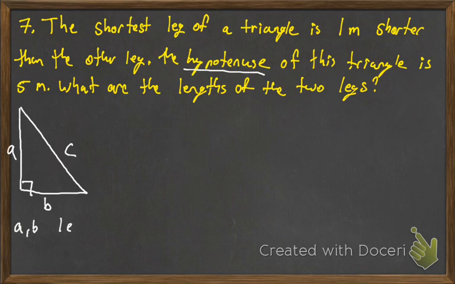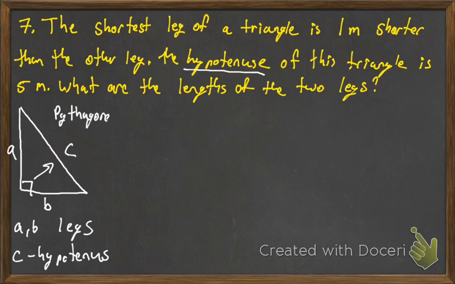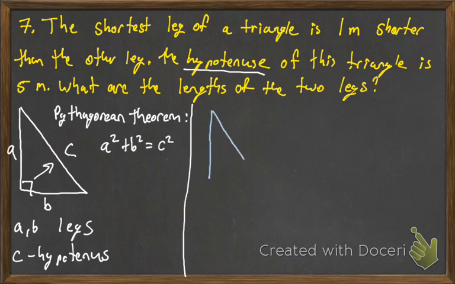A and B we usually call the legs, and C is the hypotenuse. And then I've drawn an arrow to indicate the hypotenuse. The Pythagorean theorem says that a squared plus b squared is equal to c squared.